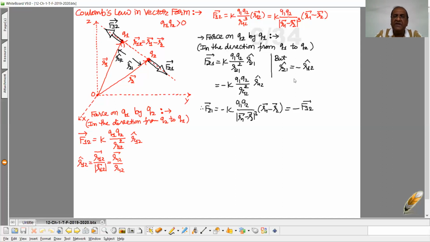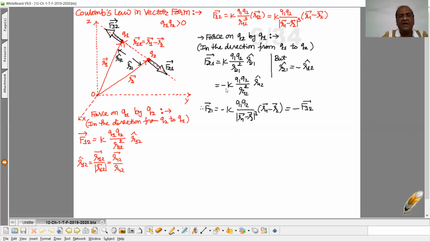But from the figure we can observe that r21 cap and r12 cap are both unit vectors in opposite directions. So we can write r21 cap as minus r12 cap, and replace it accordingly.